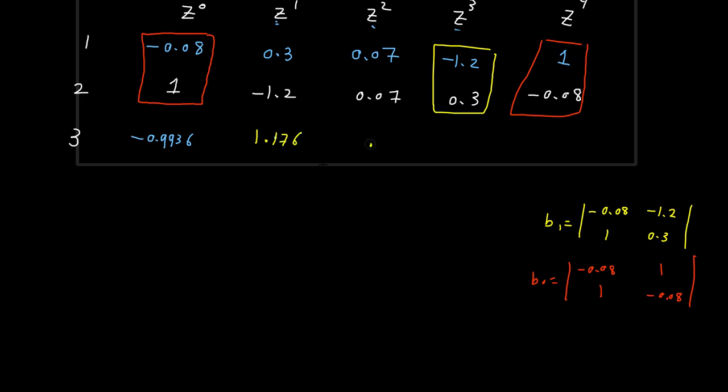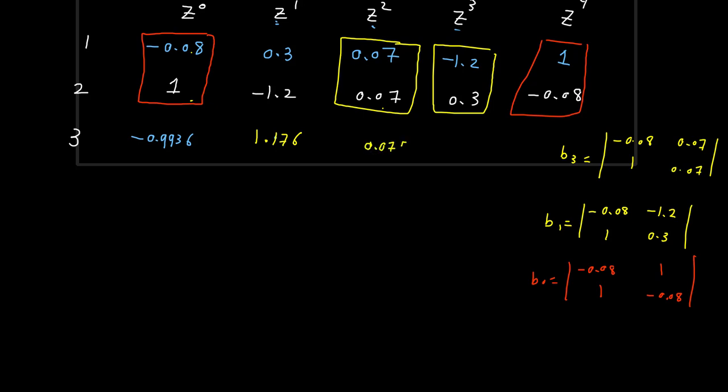If we do the math, this will equal 1.176. If I need to calculate the element here, this pivot is fixed, so I need to take those two elements. So here we have B2, which will equal the determinant of minus 0.08, 1, 0.07, 0.07. If we do the math, this one multiplied by this one minus this one multiplied by this one, we are reaching 0.0756.